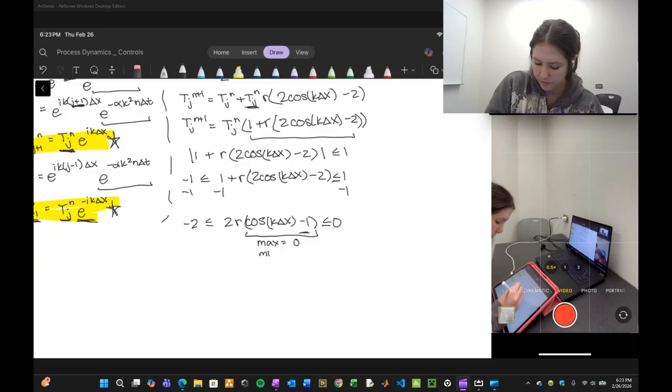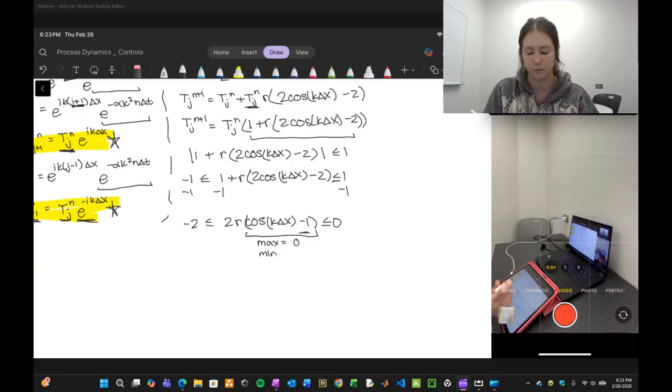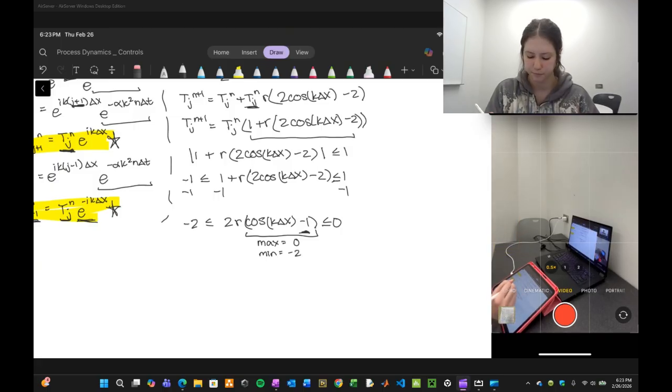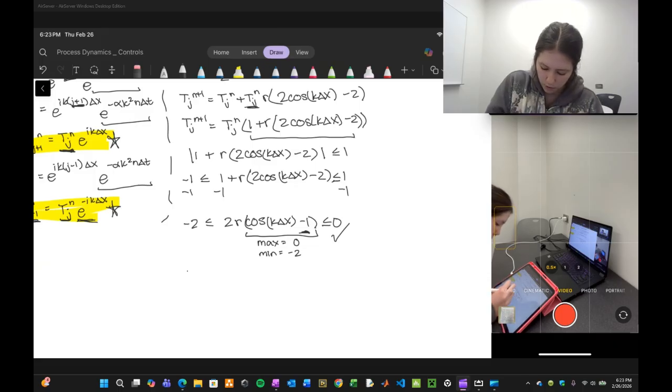And the minimum, if this cosine function were at its minimum of negative 1 and we're subtracting another 1, the minimum value of this term is negative 2. So if we get our maximum value of 0, then this whole thing goes to 0 because it's multiplication. So we're good there. If it goes to its minimum of negative 2, we would divide this whole thing by negative 2. And we would get 1 to be greater than or equal to 2r.